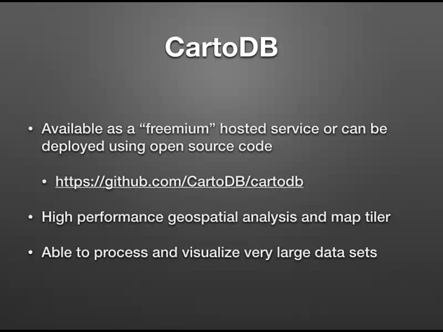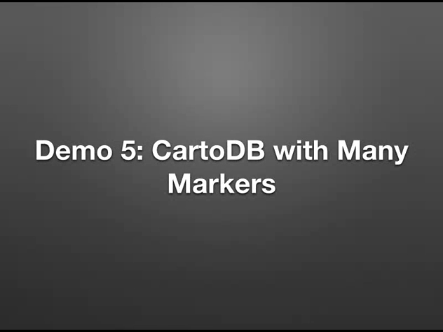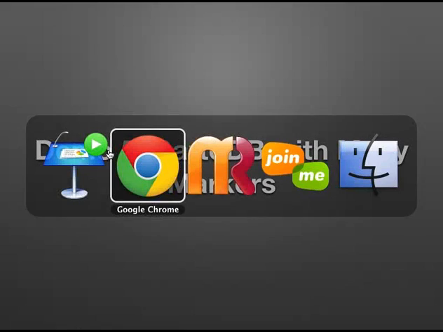So that might be something we could look at down the road. It's a really high performance geospatial analysis tool. It's got a lot of caching in there. It's using Postgres and the databases and so forth. And it's able to process and visualize very large data sets, which is one of the reasons we chose it.